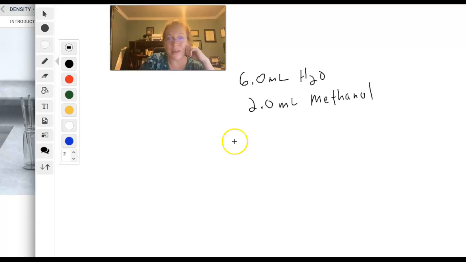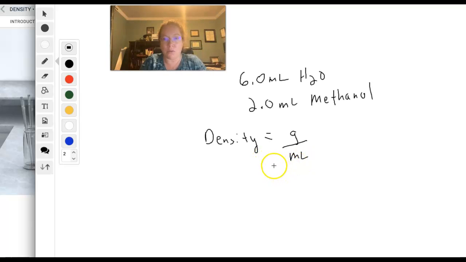Okay, so since we have to figure out the mass, remember, density is equal to the mass, or grams, over milliliters. The density of water is 1 gram per milliliter.